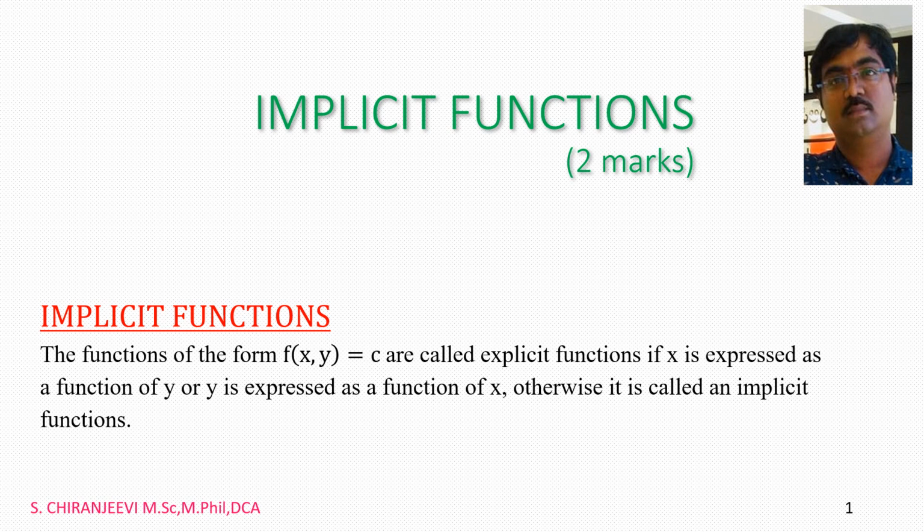Otherwise, it is called an implicit function. Examples: x plus y equal to pi, or x square plus y square equal to a square, etc.